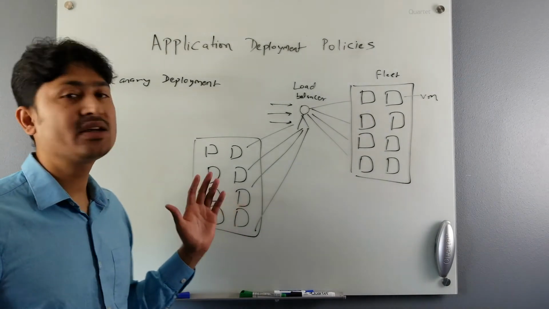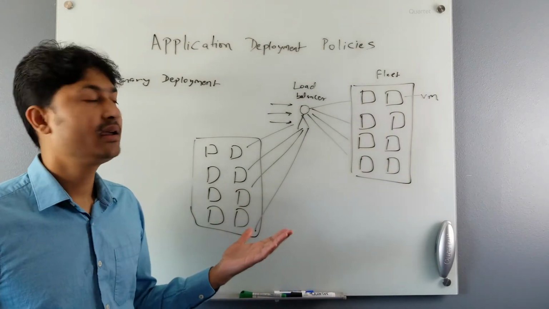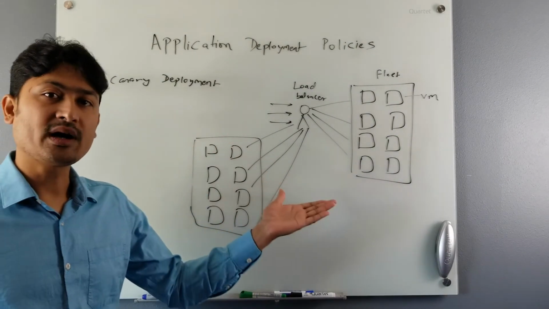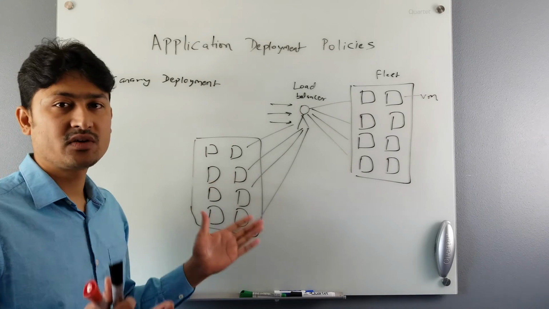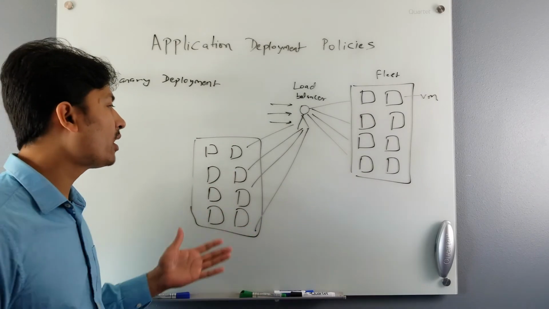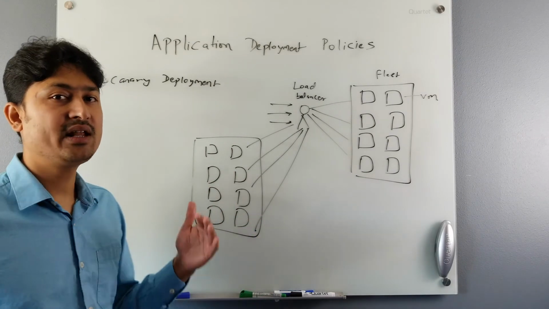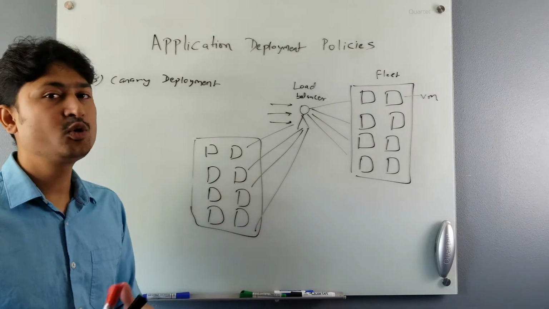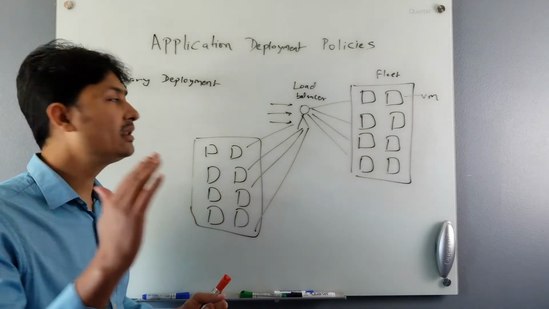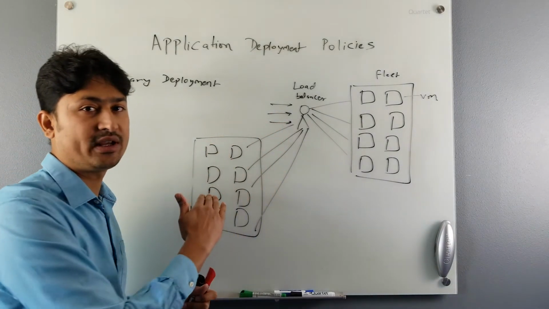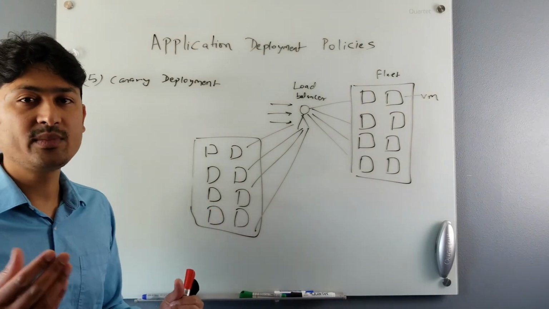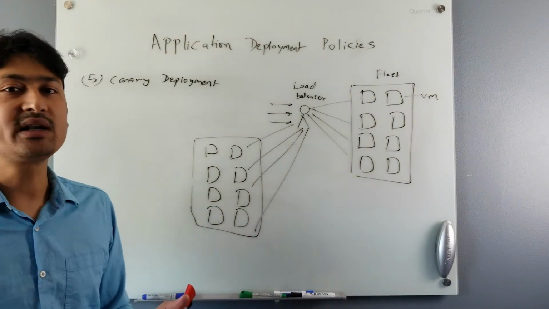Canary deployment is a variation of immutable deployment. In canary deployment, you again launch a new fleet of servers with the same size and deploy the newer application version. When everything is running fine, you don't simply forward all 100% of the traffic to this new fleet. You start with probably 1 to 5% of the traffic.